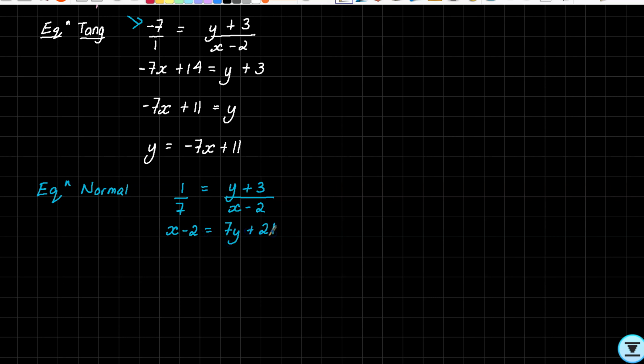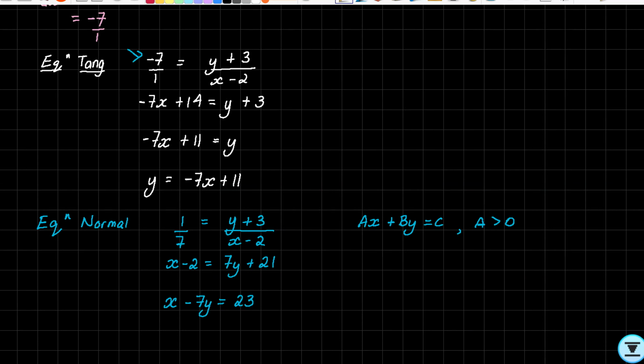And just for a bit of fun, let's write this in general form. So recall, general form is ax plus by equals c, and try and keep that a positive. All right, so to the left we go, to the left, to the left. x take 7y, get rid of the take 2 on the other side. And there is the equation of the normal.